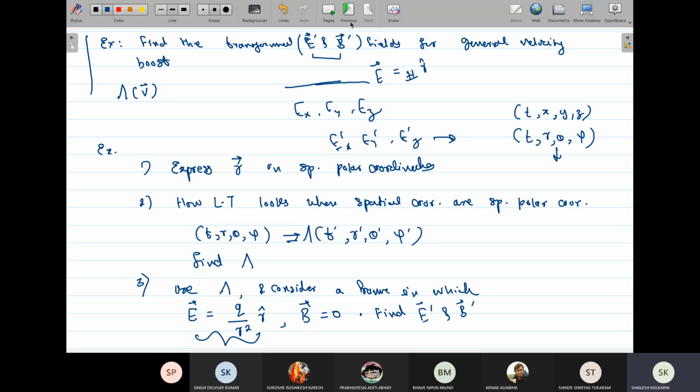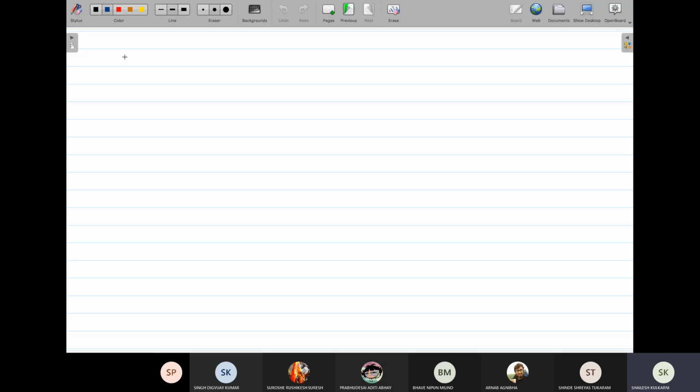We know how to transform electric and magnetic fields. Only one thing is pending, that I have not told you. See here, the Maxwell's equations represent the dynamics of the electromagnetic field.